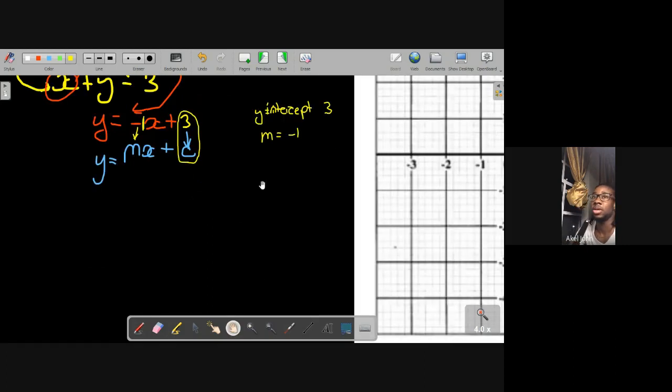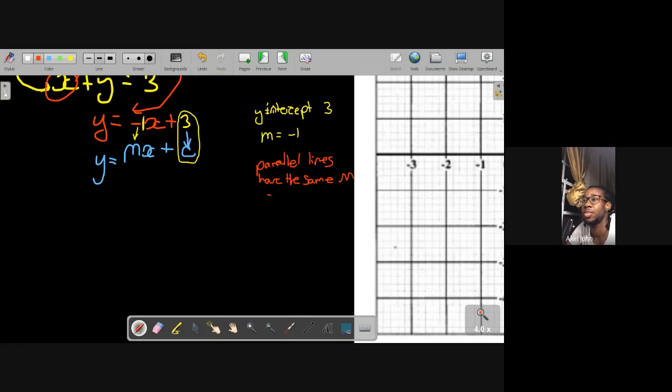And this is where the keywords come in. Remember the keyword, it says that the line was parallel to this. Parallel lines have the same gradient.